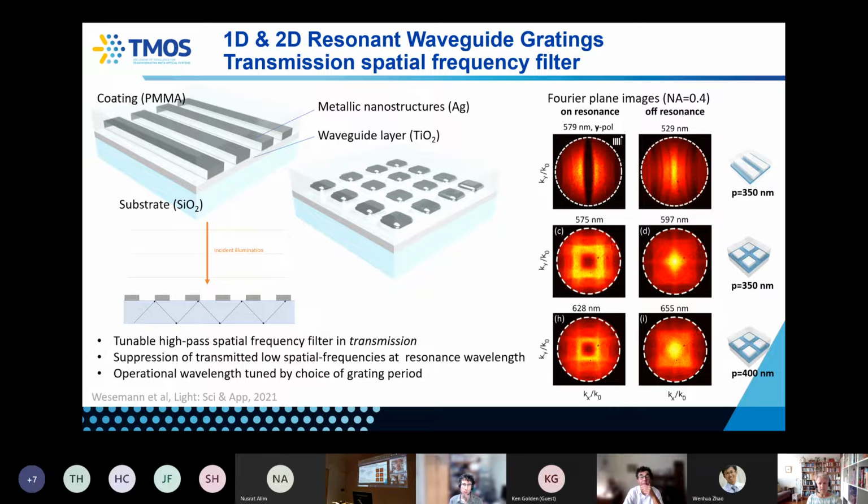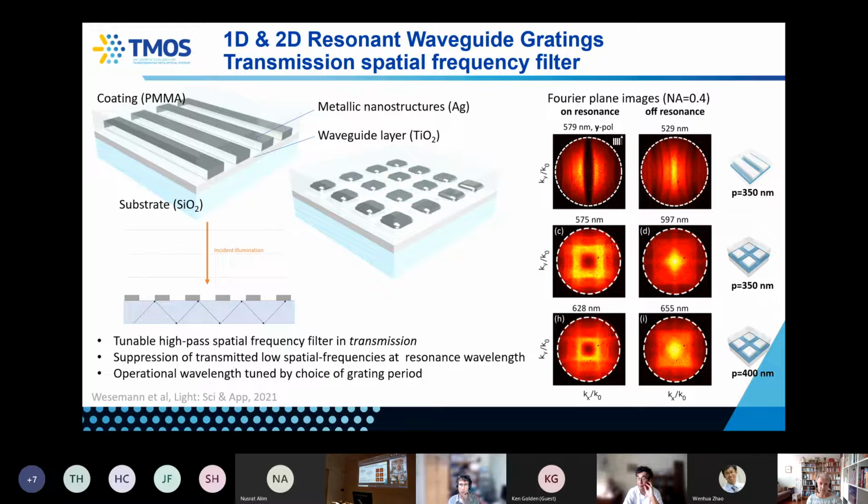If we look at devices that were fabricated by Lucas Weizmann, who worked on this as part of his PhD, and look at these Fourier plane images when we've got no object in there, we're just looking at what happens to focused light. And these are effectively related to the transfer functions.